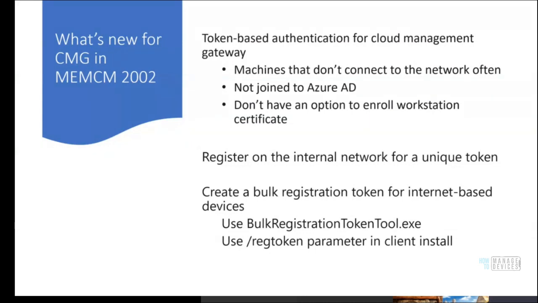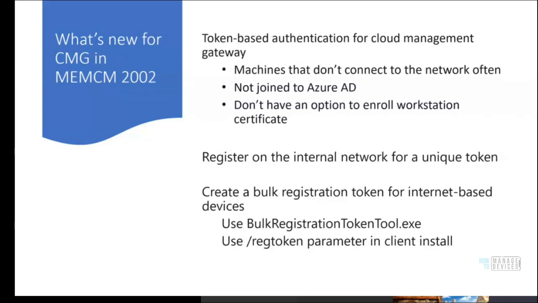Either you can use an individual token or a bulk token. If you're using a bulk token, you need to use the bulk registration token tool from 1902. Once your hierarchy is upgraded, you will be able to see the BulkRegistrationTokenTool.exe file. You use that to create a token, and you provide that token in the client installation file.